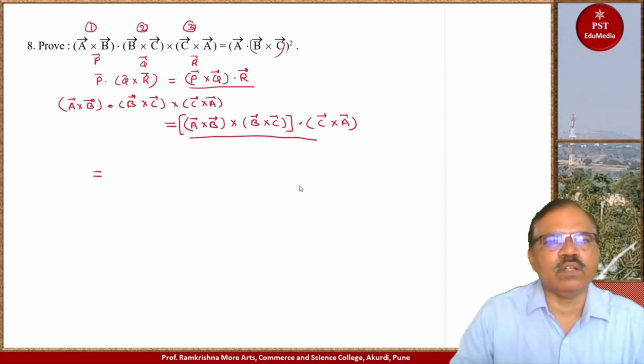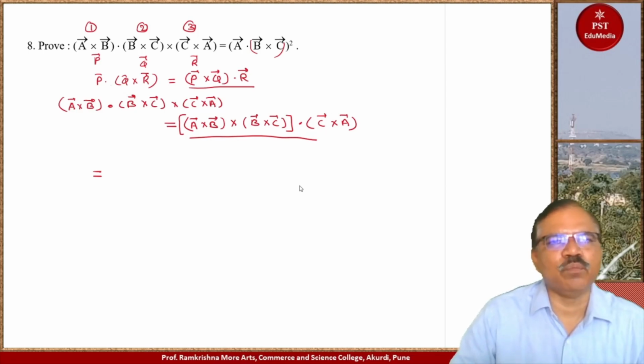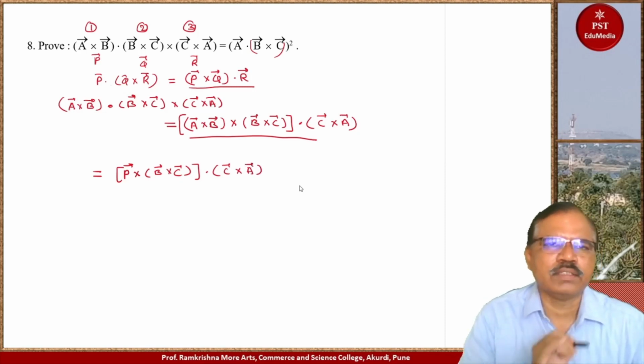So this is equal to, now suppose A cross B is P. So it is P cross B cross C dot C cross A. I have substituted for simplicity.